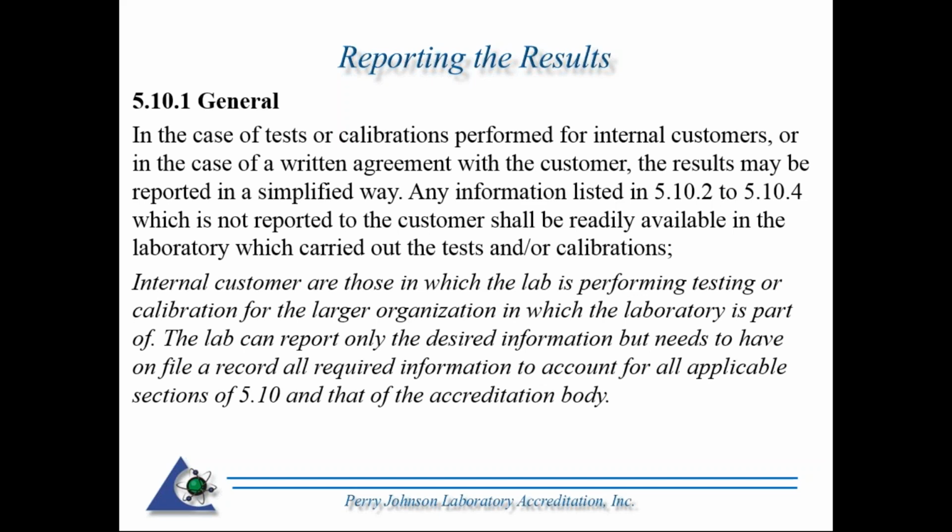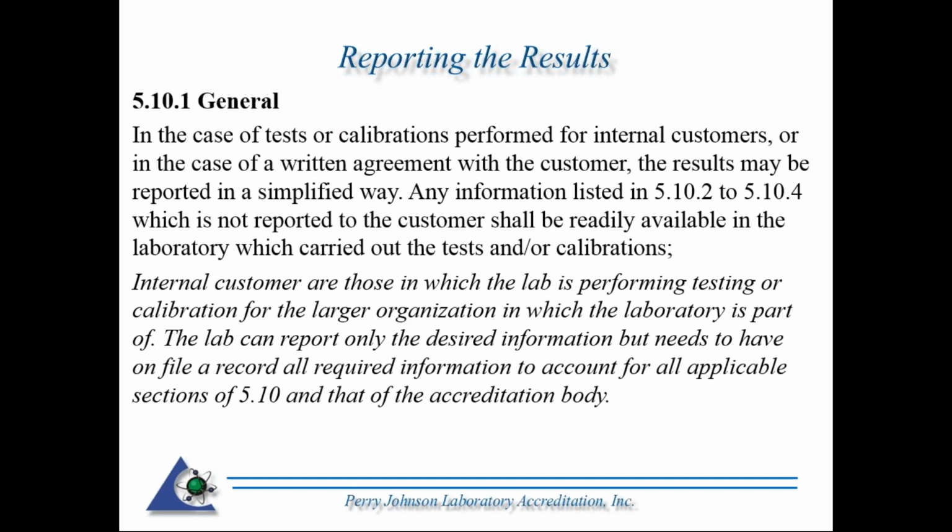The lab can report only the desired information, but needs to have on file all records, all required information to account for all applicable sections of 5.10 and that of the accreditation body. So in other words, the lab is a lab within another organization. You may be a manufacturer producing equipment, or you may be utilizing equipment within your facility that you use in the manufacturer.